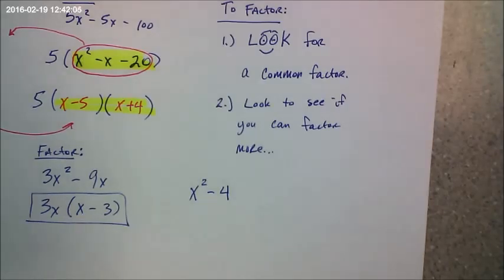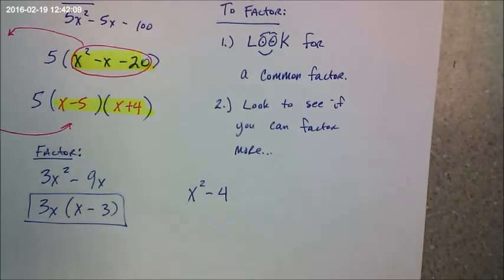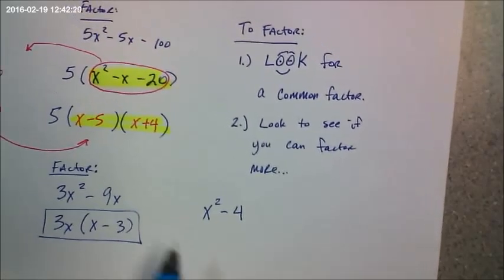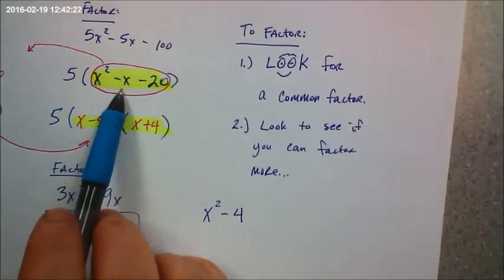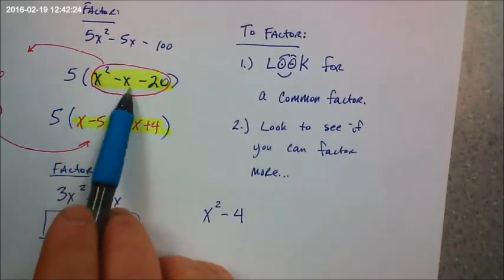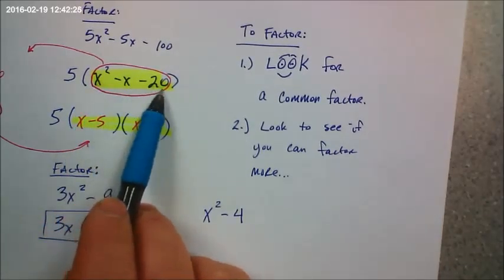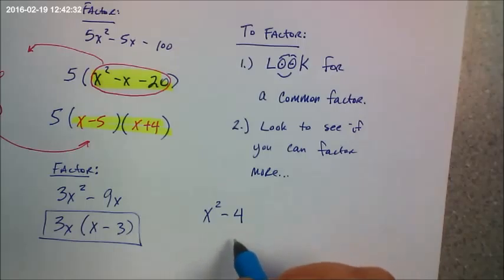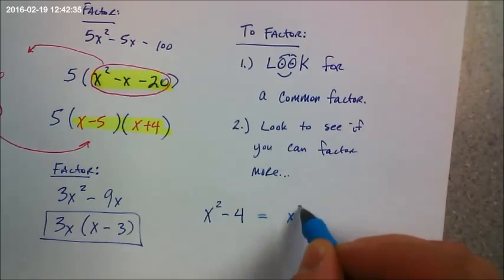Okay, Nicole, what about this one? Pay attention right here. Do you see how on this one there's an x squared, and then an x, and then just a number? But here there's an x squared, no x, and then a number. So really this is the same as this.